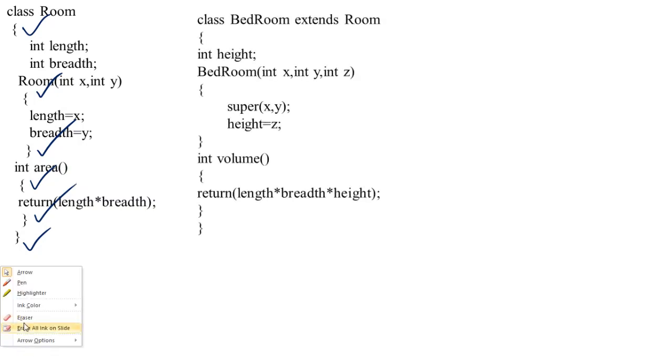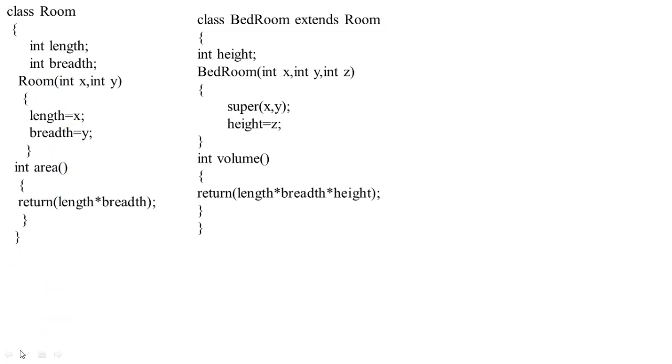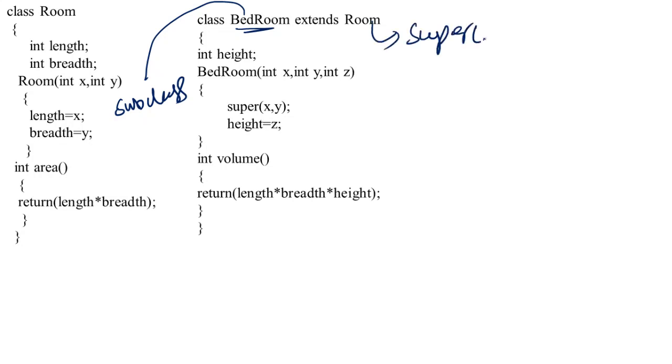Let me write one more class. How am I writing this class? Class, space, subclass name, extends, superclass name. This is my subclass, and this is my superclass. I have a variable int height in this particular class. Of course, as I am inheriting the room class, I will get length and breadth also in this class.